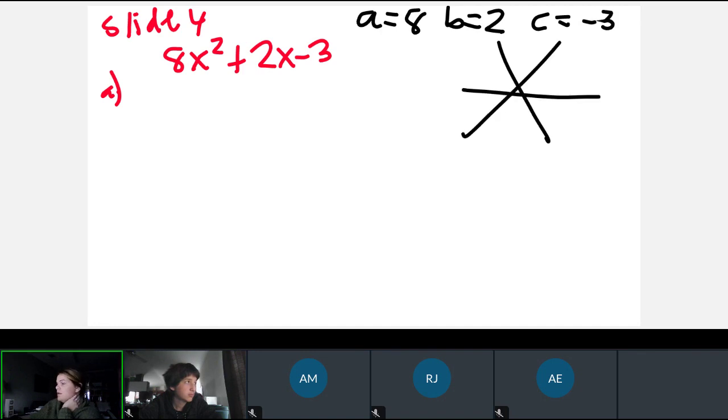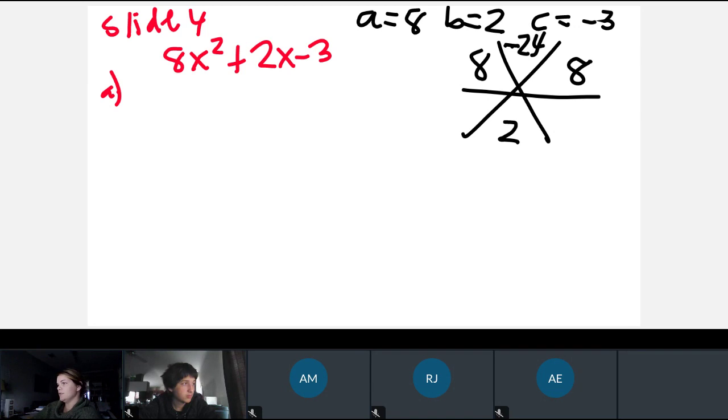So now I'm going to plug these in, so I get 8 and 8, and I get 2. And then in the top middle is A times C, so 8 times negative 3, which would be negative 24. To find my missing numbers, I am going to list out all of the factors of negative 24.